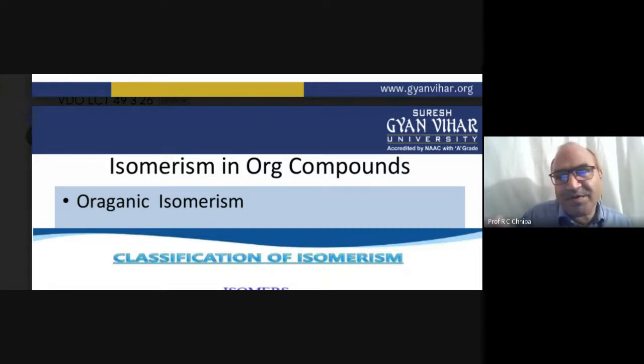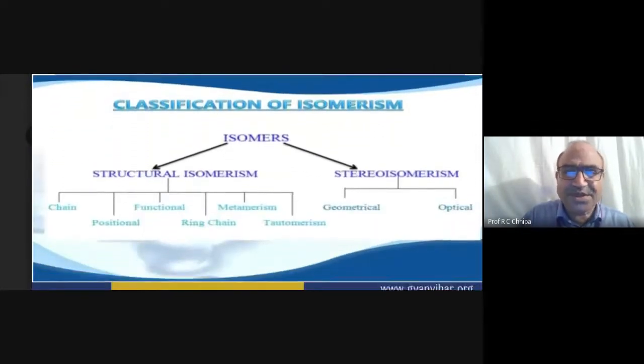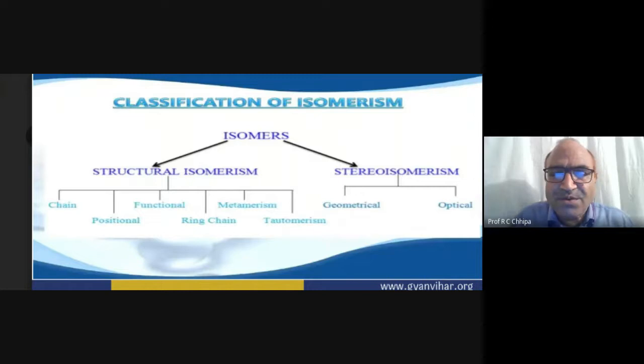However, the molecular formula is the same, but they differ in different ways, and those ways are called isomerism. So here we continue with the classification of isomerism, and there are two different types of classes of isomers.